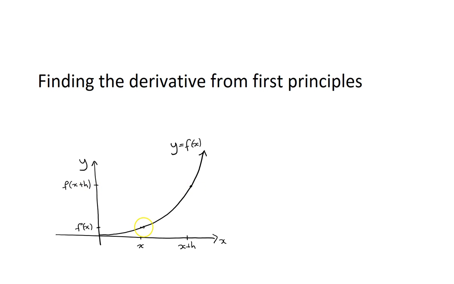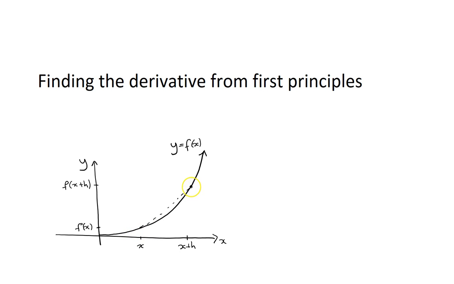Now if I join these 2 points together with a straight line, we can calculate the gradient of that straight line. And it's actually not that different from the gradient at this point, where we have the value of x on the graph. So we're going to use the gradient of this line between the 2 points as an approximation for the gradient at x.